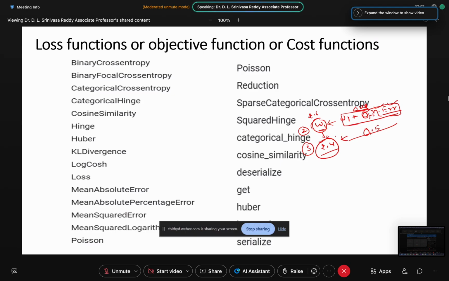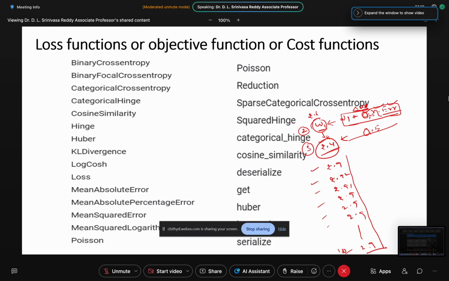So after the third iteration, you got this. After the fourth iteration, suppose you got 2.9. After the fifth iteration, the weight updated as 2.92. Again it is 2.91, again 2.9, 2.9, and so on, 2.9. That means this is called stabilized. So how many iterations? This is the fourth, the fifth, sixth, seven, eight, nine, 10, up to 100.